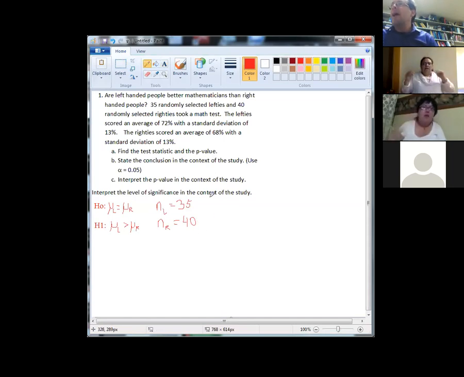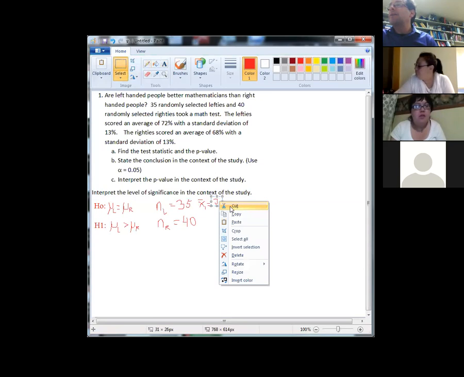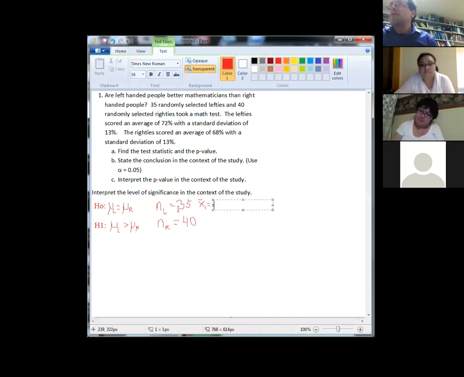Okay, then we had the lefties score an average of 72%, and that is going to be X1 bar. And it doesn't matter whether you call it 0.72 or 72, because units don't matter as long as you're consistent. So I'm going to call it 72.